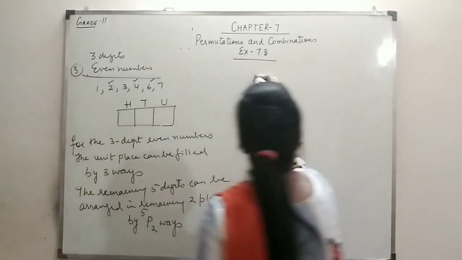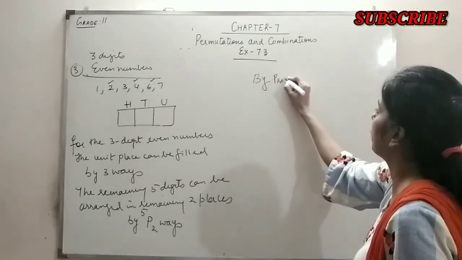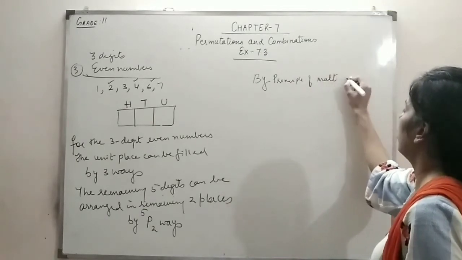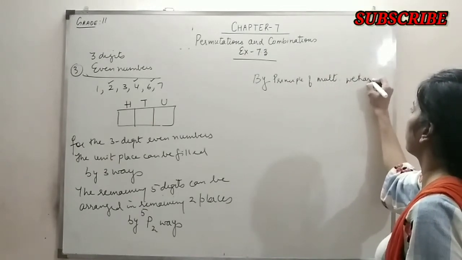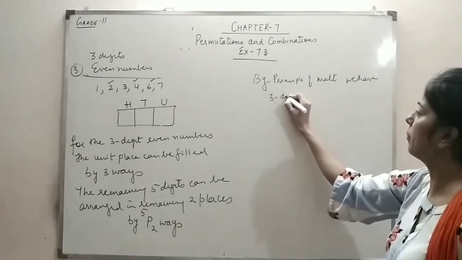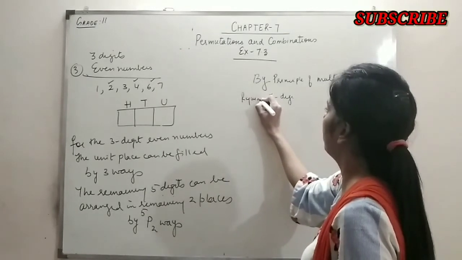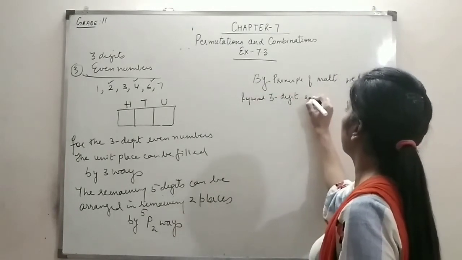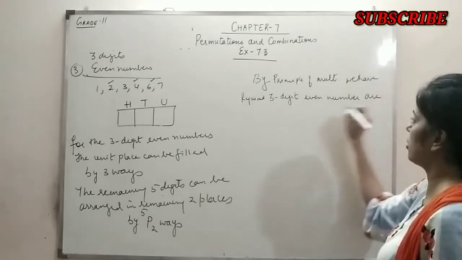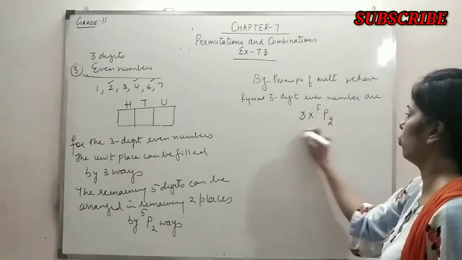So by the principle of multiplication, the required 3-digit even numbers are 3 into permutation 5 2.